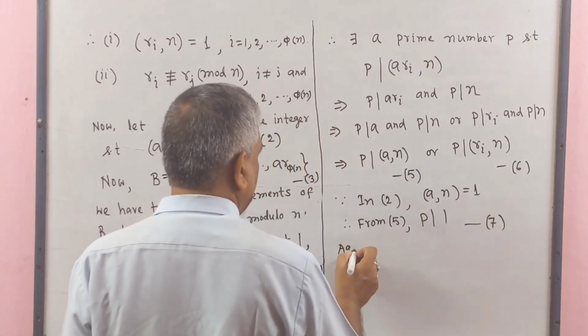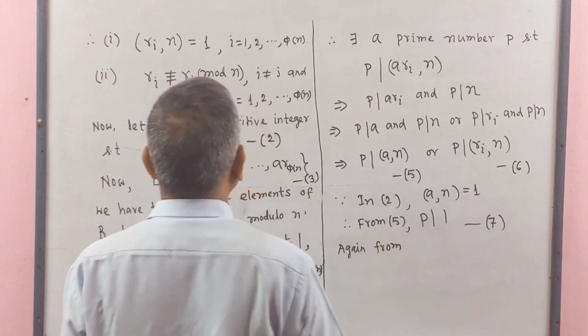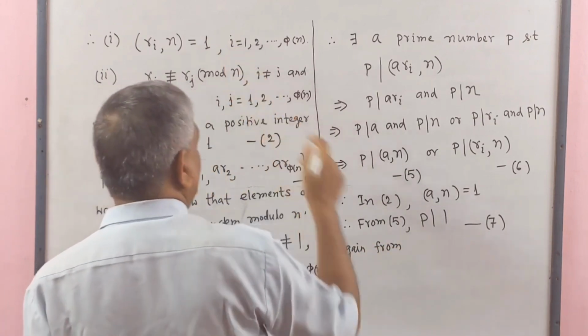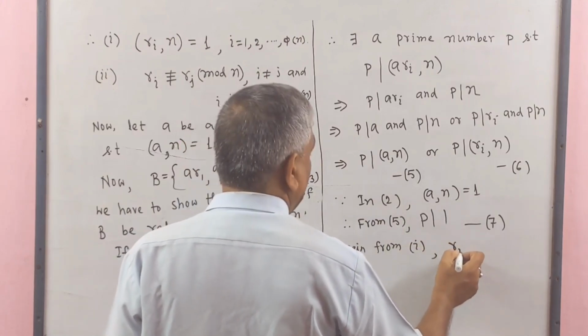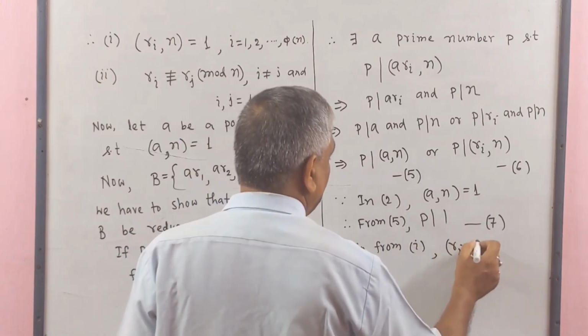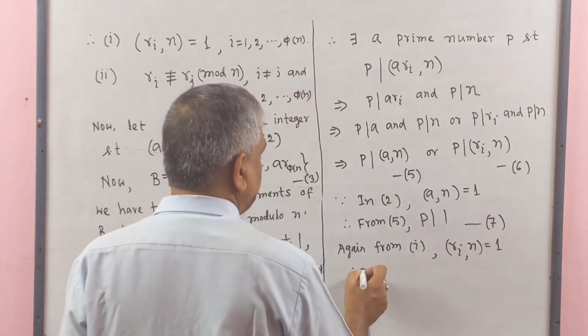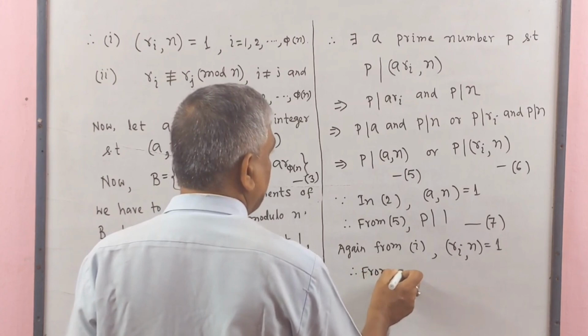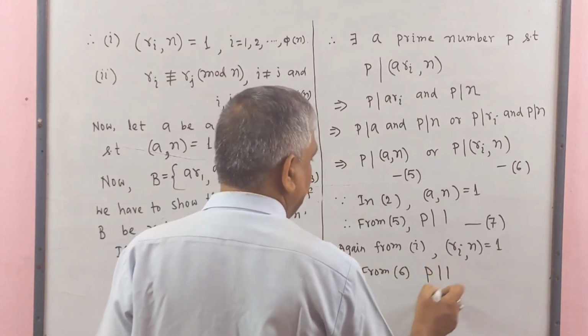Again, from 1, GCD of r_i and n equal to 1. Therefore, from 6, p divides 1.